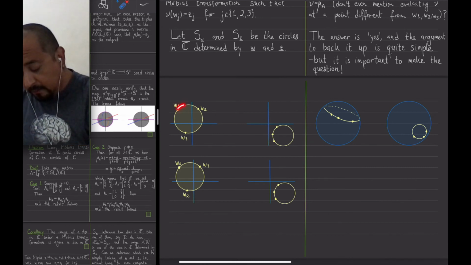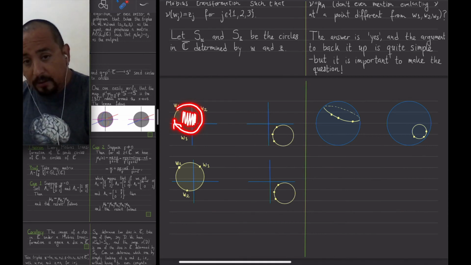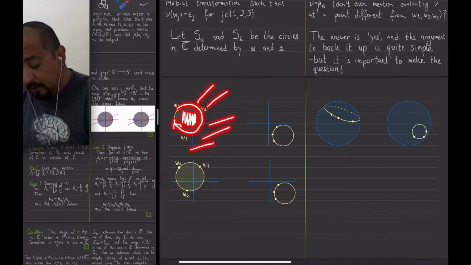For instance, in this case, if I traverse the circle in order with respect to W1, W2, W3, then this disk is immediately oriented clockwise, and the other disk is oriented counterclockwise.